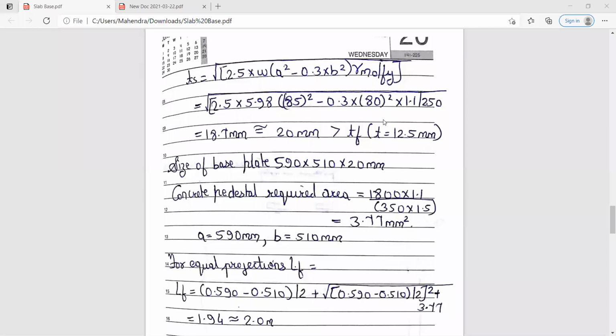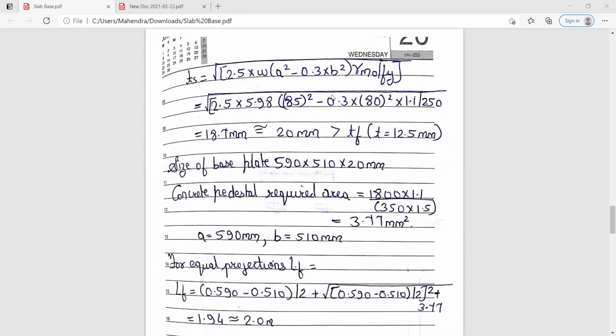Fy is nothing but the yield stress. So Fy is your yield stress. We are going to assume the yield stress as 250, so upon 250. So the thickness you get is 18.7 mm, that is approximately equal to 20 mm.